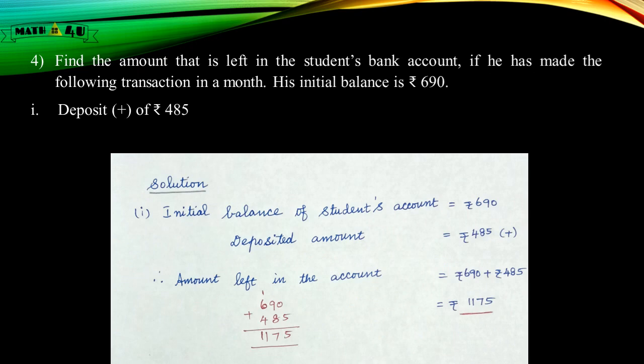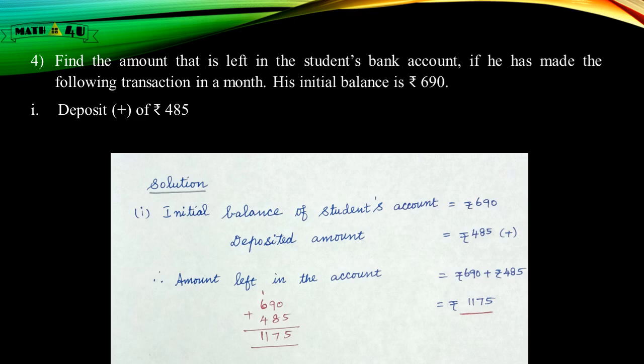Find the amount that is left in the student's bank account if he has made the following transactions in a month. His initial balance is rupees 690. First sum, deposit of rupees 485. If deposit is given means you have to add with the initial amount.